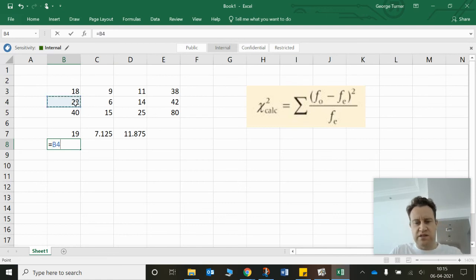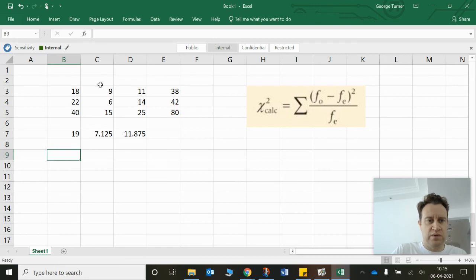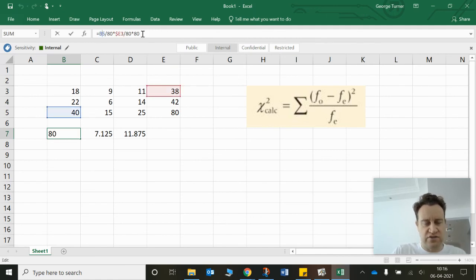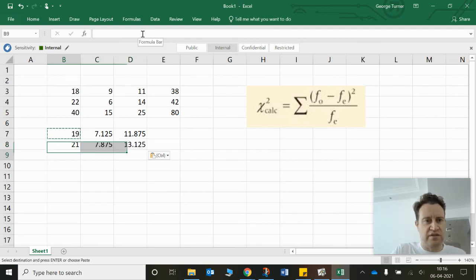So then we've got this divided by 80 times E6. Hang on, I'm fixing E there. Maybe I need to fix 5 here. Let's just try that one. And then there we go. I think I've sorted it.